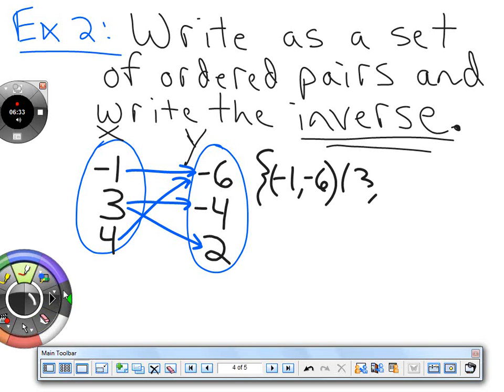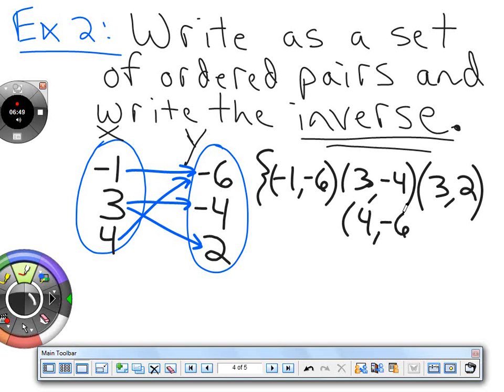And then I have 3 going to 2. And then I've got 4 going to negative 6.